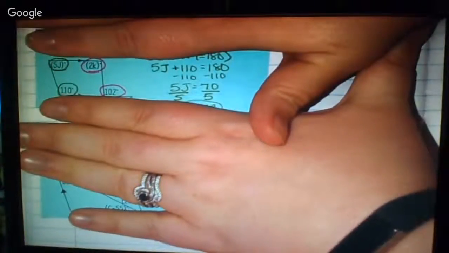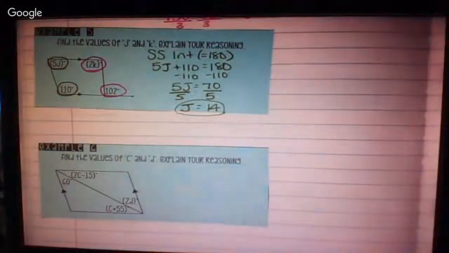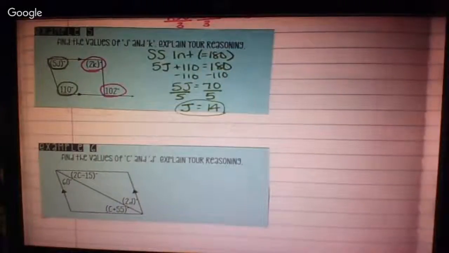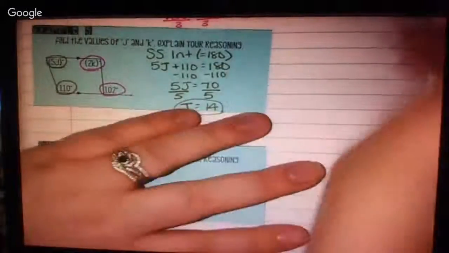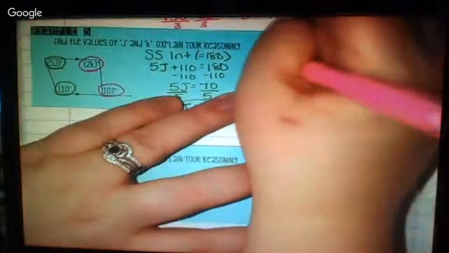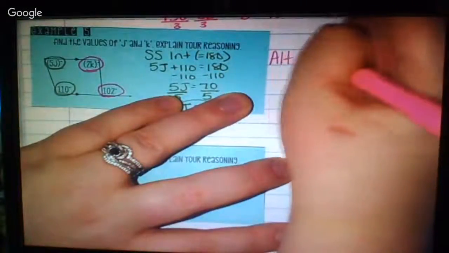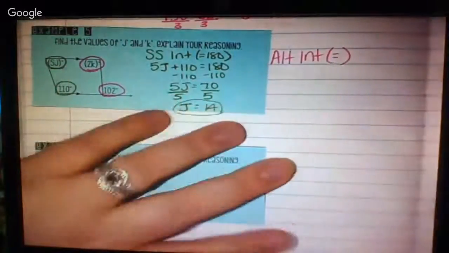If you literally, when you get your test, need to go, okay, here's my parallel lines, are they inside or outside? I want you to do that. So they are inside the parallel lines, alternate on the transversal.